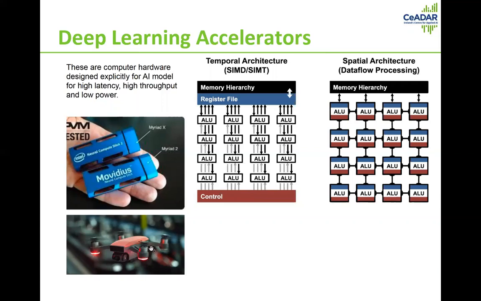Drone batteries are small, and the rotors also consume a lot of power. So you need your deep learning model to consume very little power, and you also need it very fast because these drones are pretty fast and you need high throughput from these models. So you need both speed and low power for your deep learning networks to run on these kinds of devices.